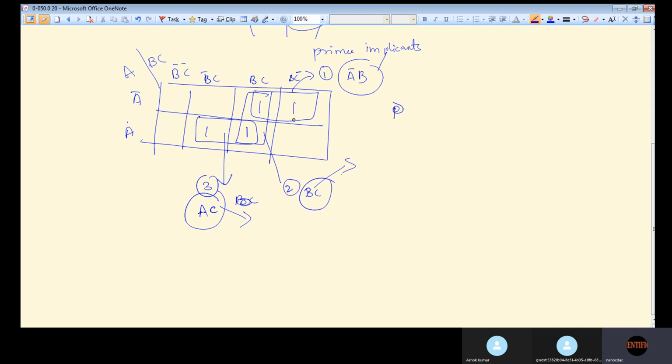Okay. So essential prime implicants are this one and this one, that's all. Why? Because this prime implicant is covering this min term. This prime implicant is covering this min term, so that the two min terms in this group are covered. Understood?